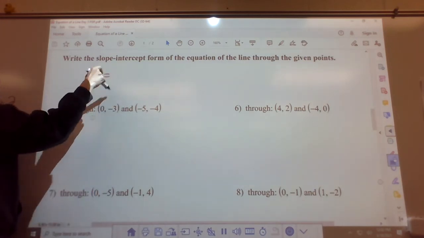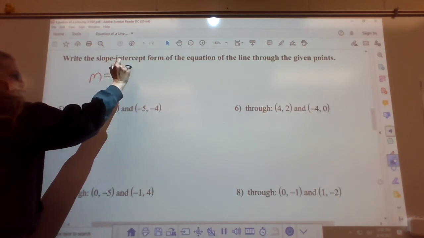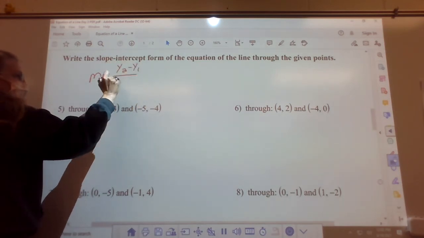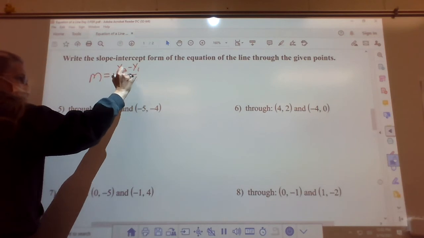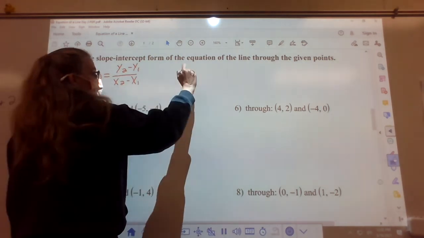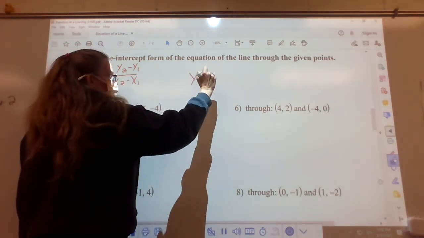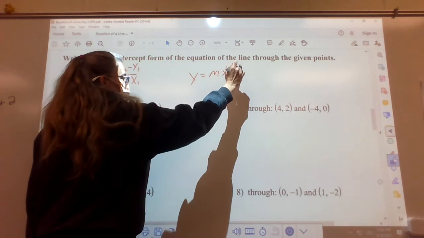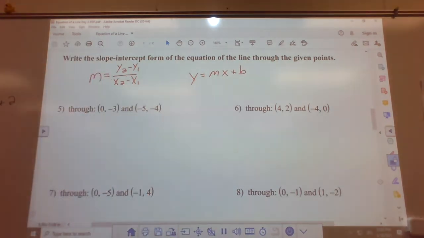Remember, slope is m, y2 minus y1 over x2 minus x1. So that's the first equation I'm going to have to use. Once I've used that one, I can go ahead and use my slope-intercept equation, y equals mx plus b. So these 4 are going to take both of them.